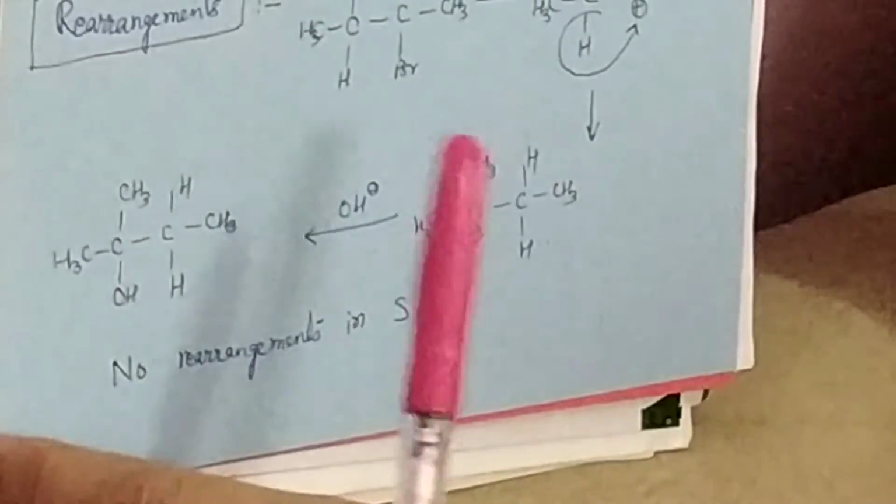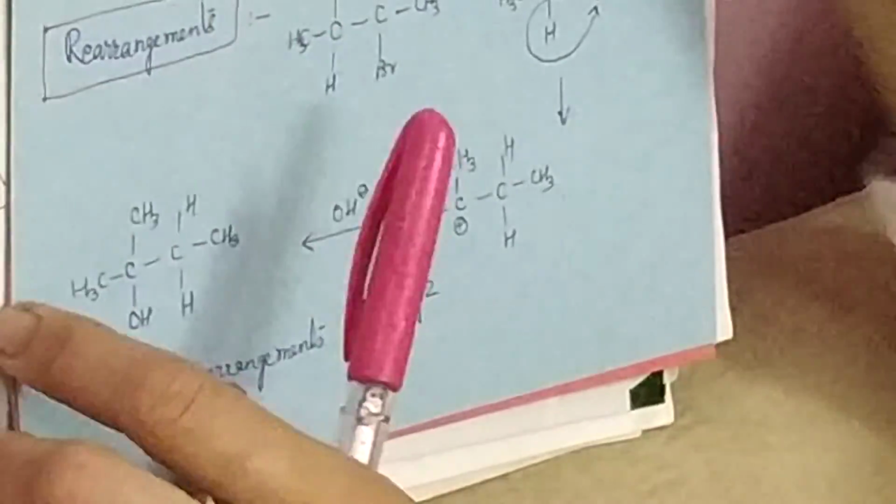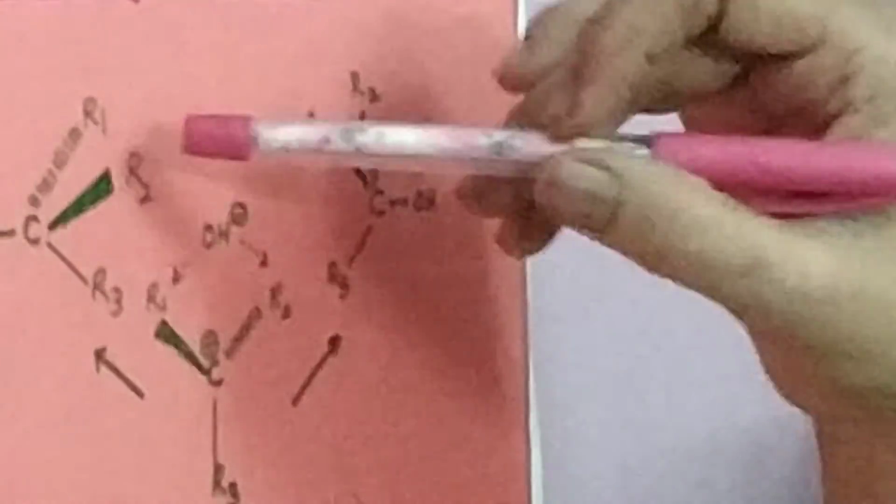Now you must remember that there will be no rearrangements possible in SN2 kinds of reactions, and this is in contrast with the SN1 reactions which we have seen right now. What about the stereochemistry of SN1 reactions? Stereochemistry of SN1 reactions can be discussed.